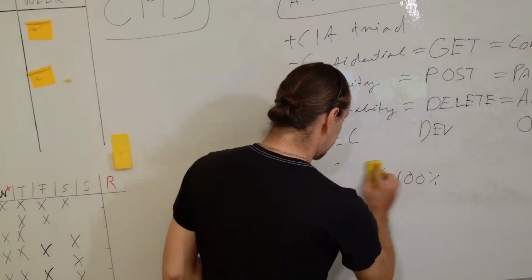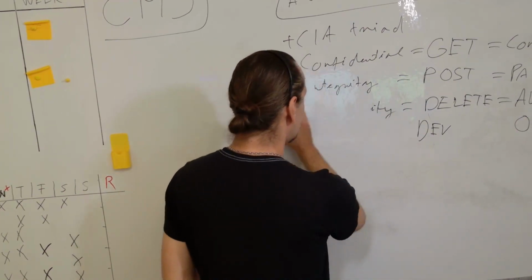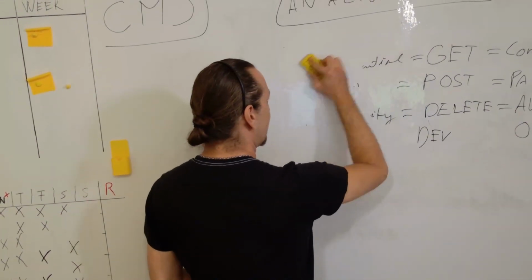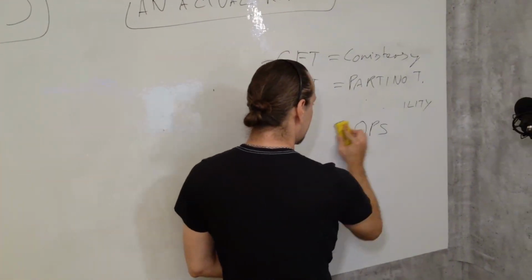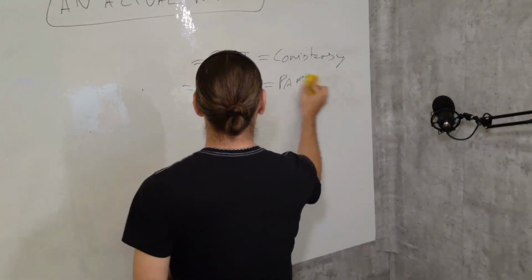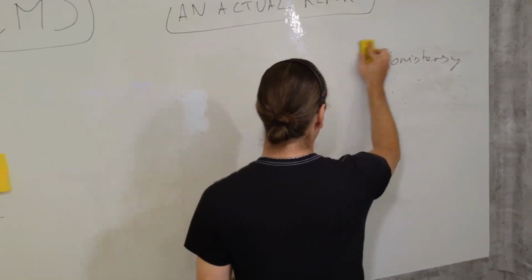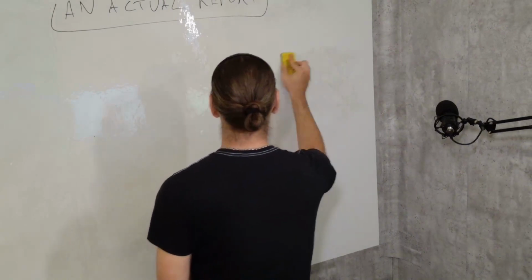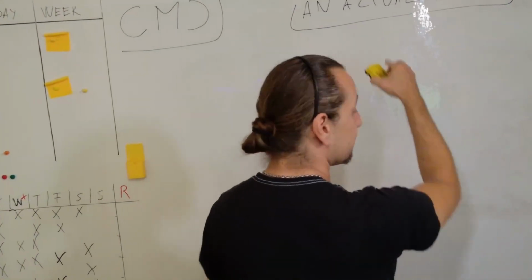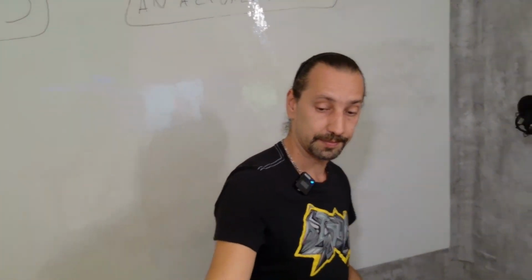So we could try to use the CIA triad, the CAP theorem, security training, learning, and other stuff. But we have an actual report.